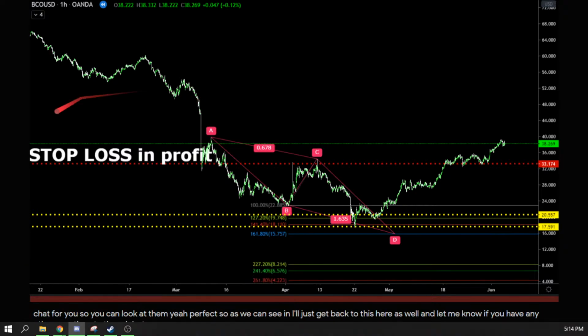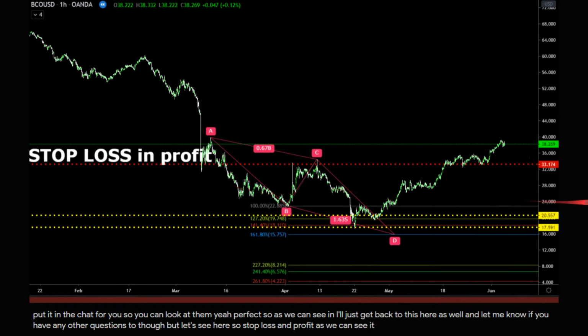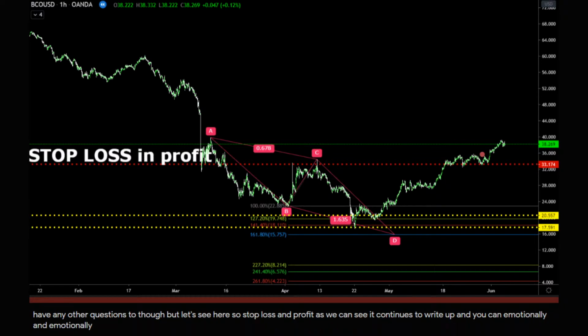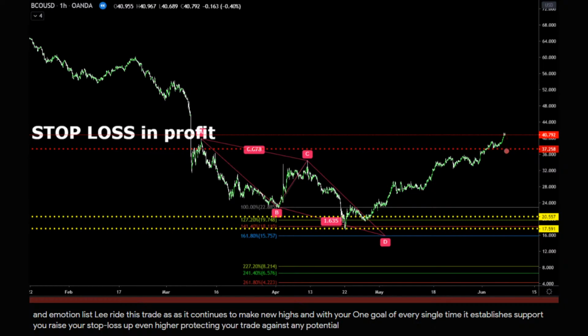But let's see here. So stop loss and profit, as we can see, it continues to ride up, and you can emotionlessly ride this trade as it continues to make new highs. With your one goal of every single time it establishes support, you raise your stop loss even higher, protecting your trade against any potential downfalls and securing your profits.